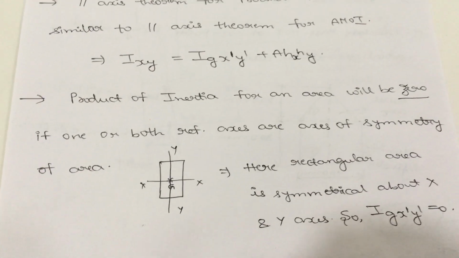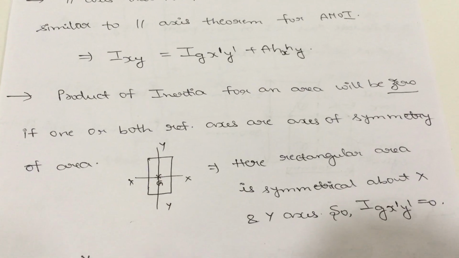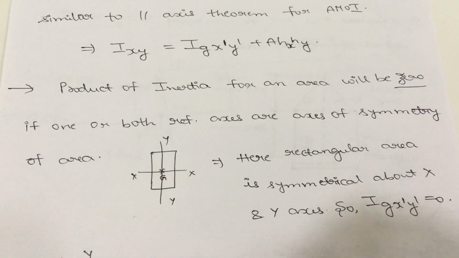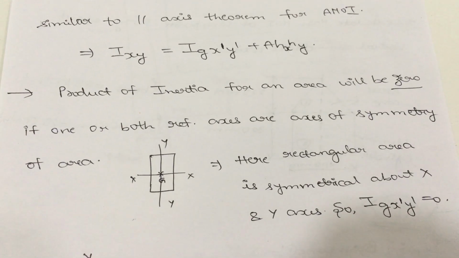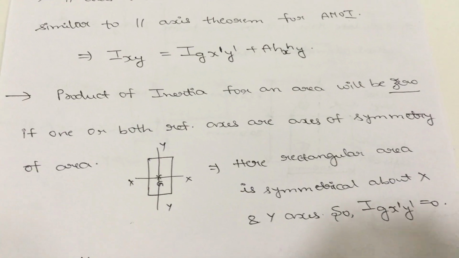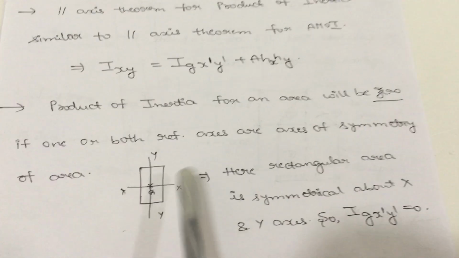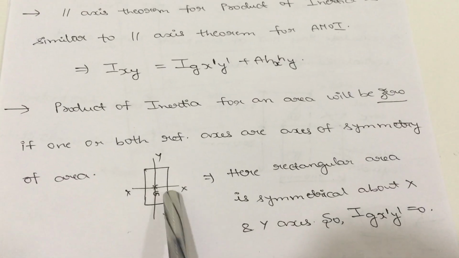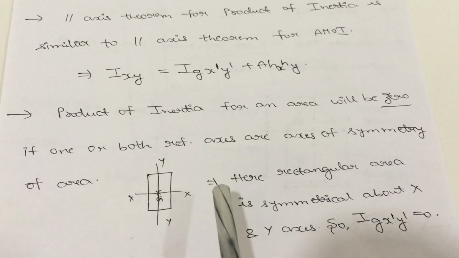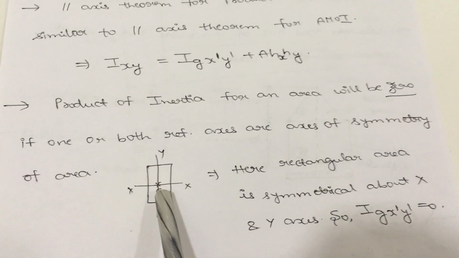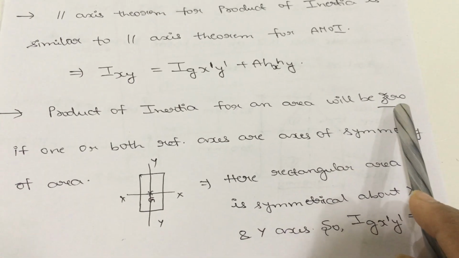So if any plane figure is symmetrical about the x axis or y axis or both reference axes, then for that plane figure, here the rectangle, the product of inertia about its centroid point will be zero.